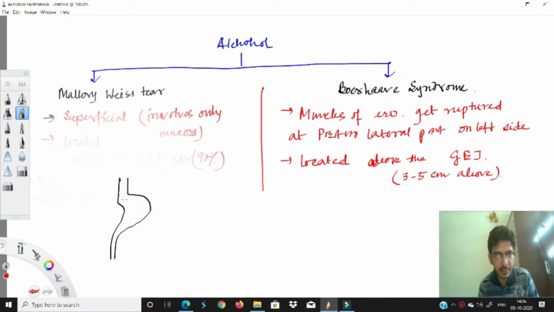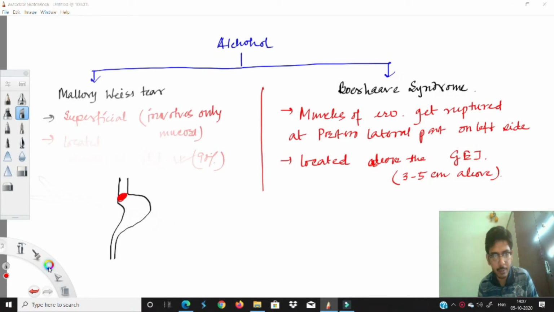Mallory-Weiss tear is majorly located at the gastroesophageal junction. See, here is the occurrence of Mallory-Weiss tear.